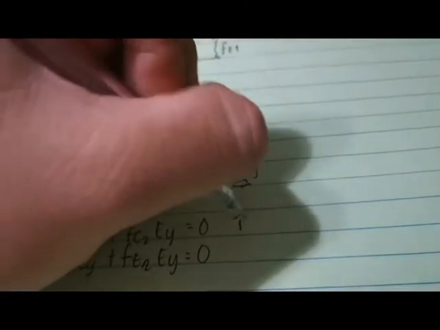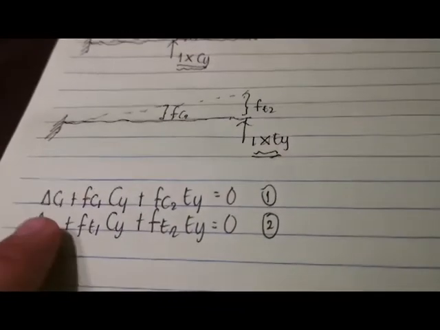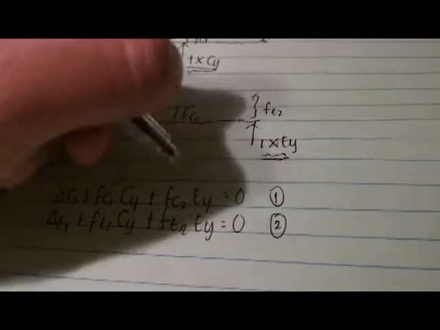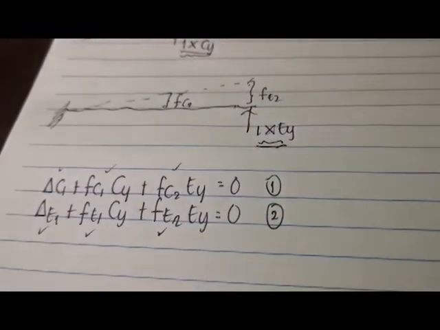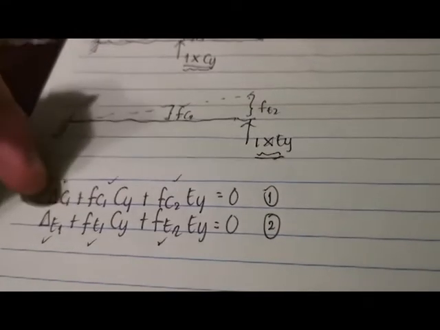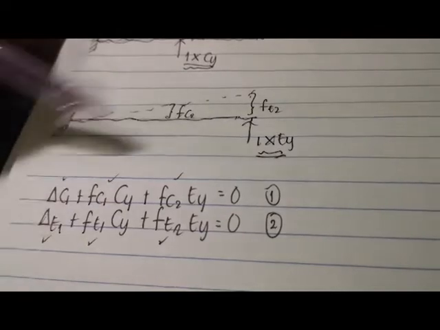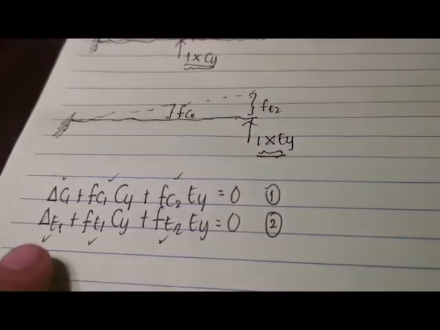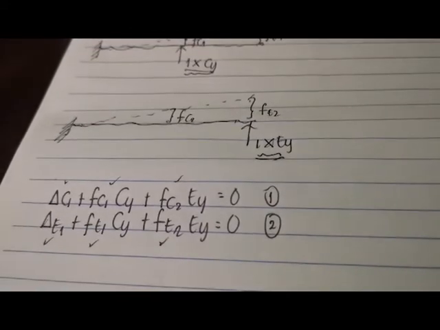This is your equation 1, equation 2. So later on, once we solve for all the deflections, so 1, 2, 3, 4, 5, and 6, we will be able to solve for CY and EY.